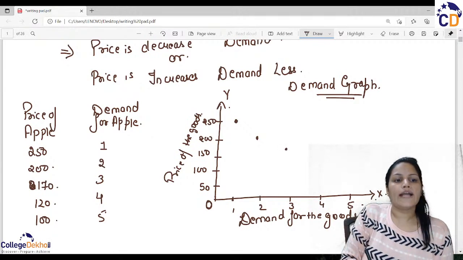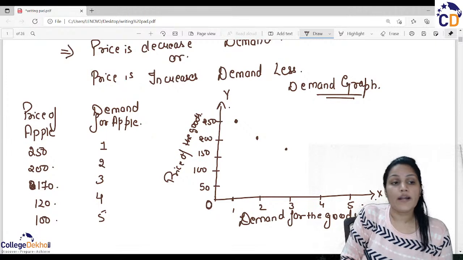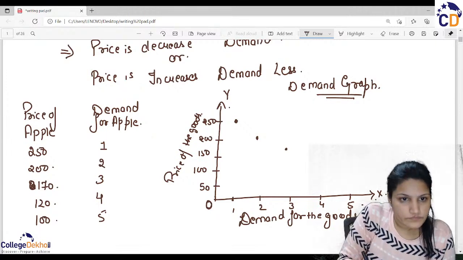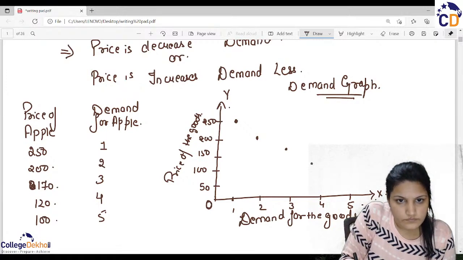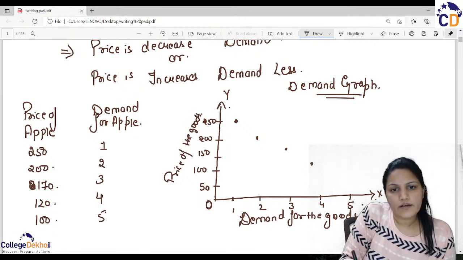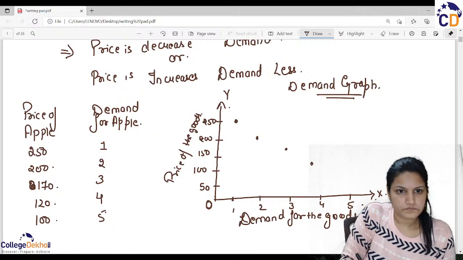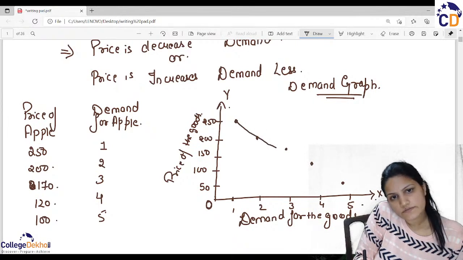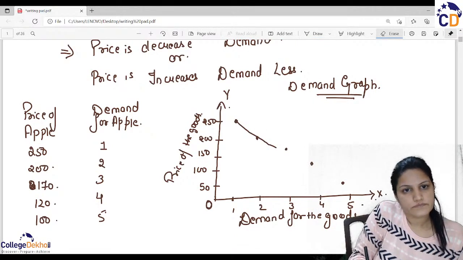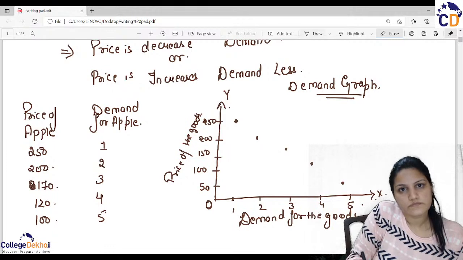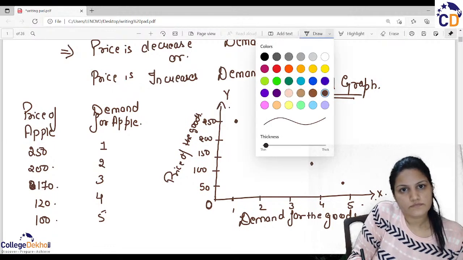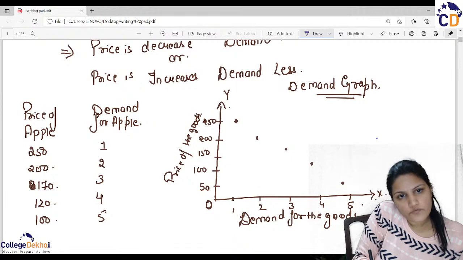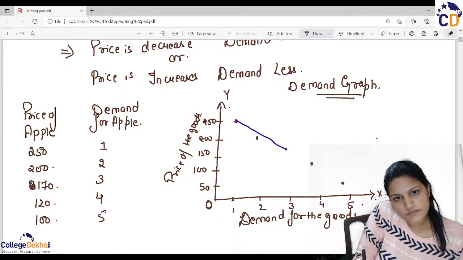At 120, we will demand 4. And at 100, we will demand 5 kg. So the graph would be like this.